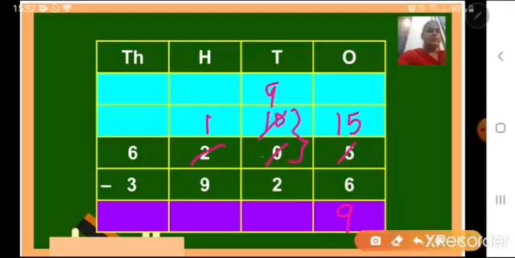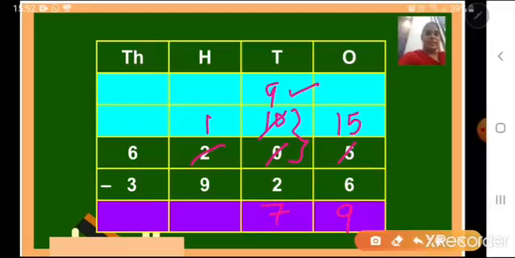We have to ignore this part. What is the last number we got? Number 9. So 9 minus 2 we have to do here. 9 minus 2 is, count after 2: 3, 4, 5, 6, 7, 8, 9. So how many fingers have you got? 7 fingers, right? So write your number 7.